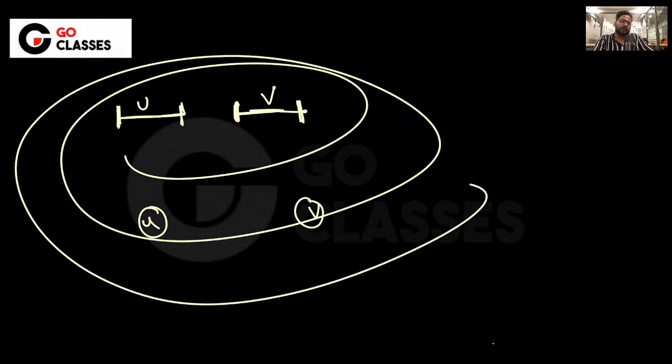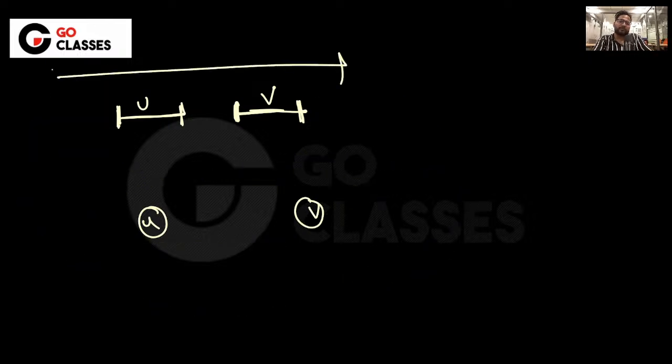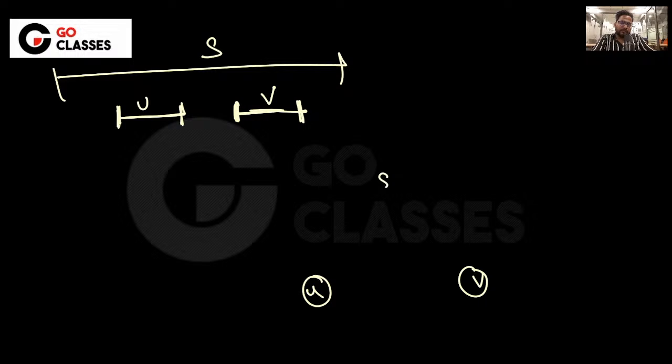If that is the case, then u and v will be like this: this is u, this is v, which means they will not have any ancestor descendant relationship. There could be some s on top of that, but you don't know whether s is on top or not. The DFS parenthesis theorem says s will be like this, and then you will have u and v like this.